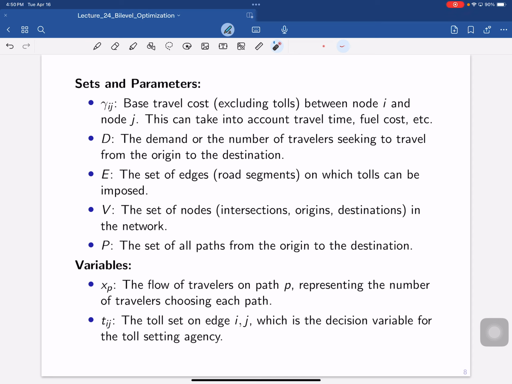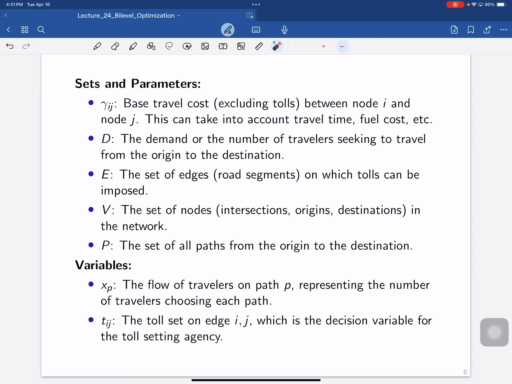And then there is a demand, or the number of travelers seeking to travel from the origin to the destination. And we have the set of edges, set of nodes, and set of paths from origin to destination.